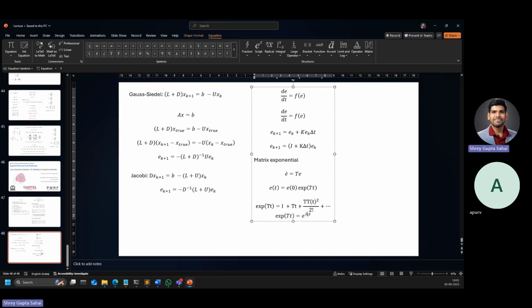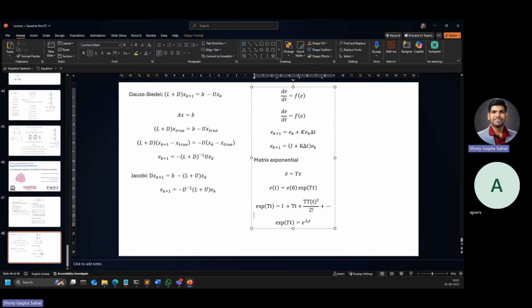So what I'm saying is, there are a lot of heavy notations that I've introduced. Don't get overwhelmed by this new matrix exponential. It's very similar to the scalar exponential that we know of. The important part is, suppose t has some eigenvalues.